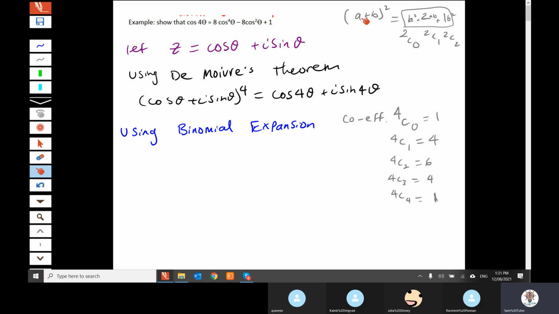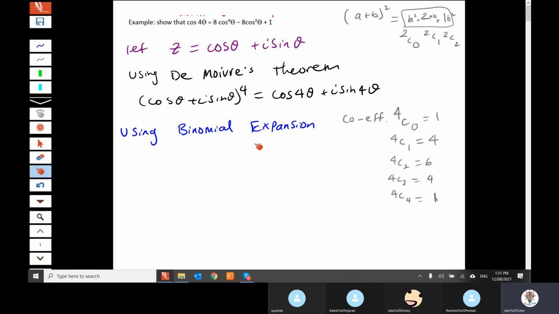What's happening is the first one was squared, then we decreased that by 1, and we increased the other one up by 1. So look at it, a squared, decrease it by 1, so that becomes a to the power of 1, but then the other one, we have to increase it by 1, so b. Decrease a again by 1, it disappears, increase b by 1, b squared.